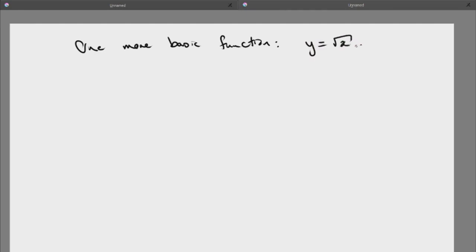So there's one more interesting basic function that I want to include, and we'll work with those for a while. One more basic function, and it's going to be the square root function. A little bit different in that it's not defined for all the x values.